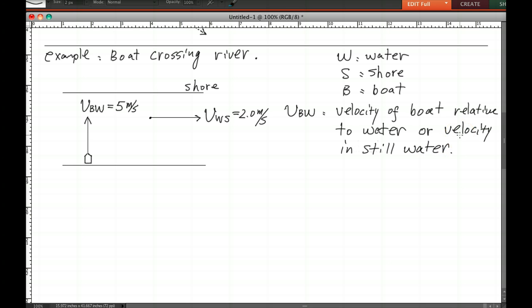It doesn't matter if the water is moving or remains still, so the velocity is always the same. I'll show you a demo later.